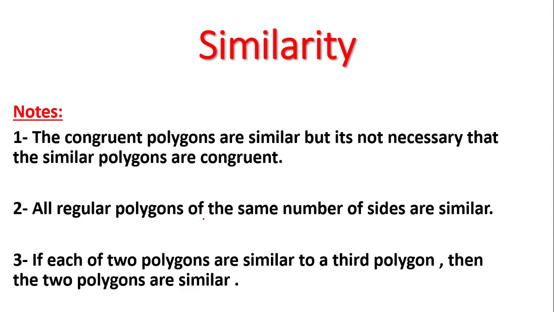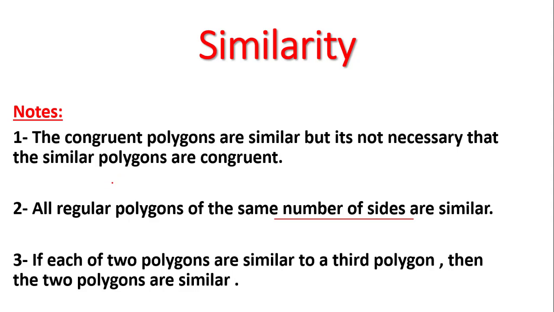All regular polygons with the same number of sides are similar. Why? Regular polygons have all sides equal, and at the same time the interior angles are equal in measure.